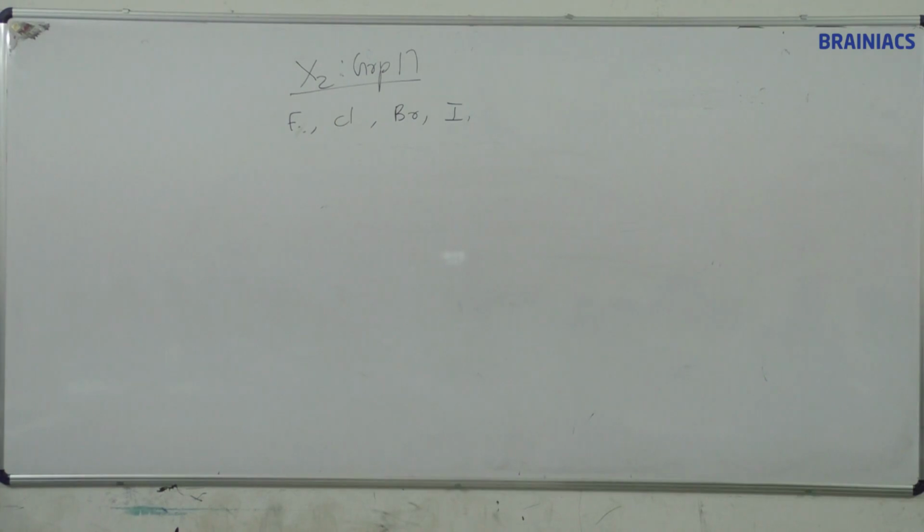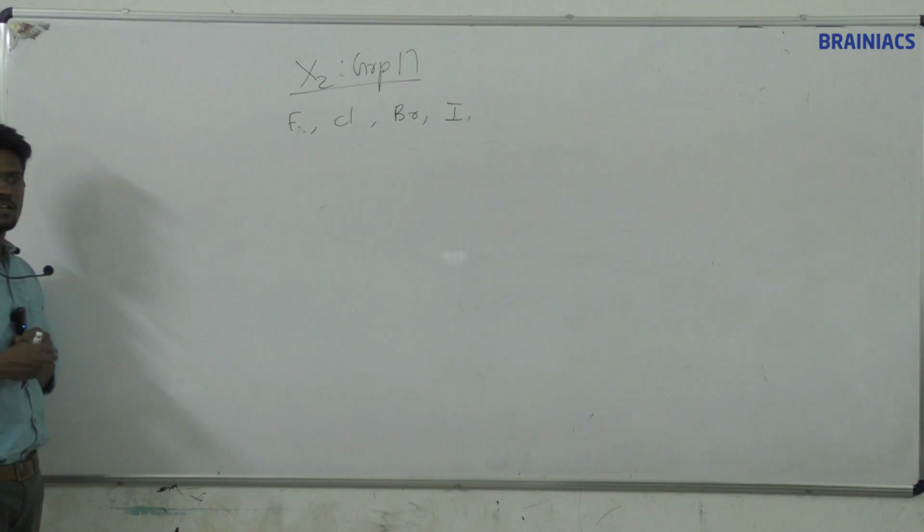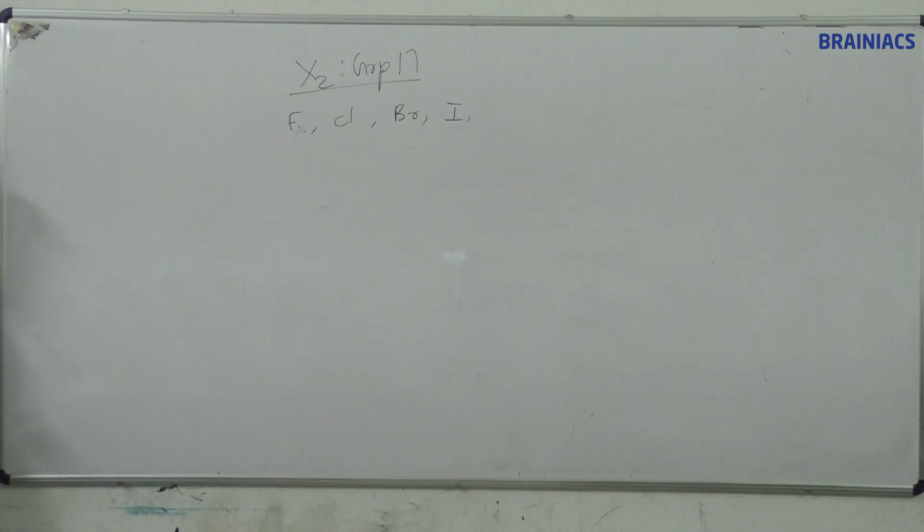Which is the most abundant halogen? Chlorine is the most abundant halogen.